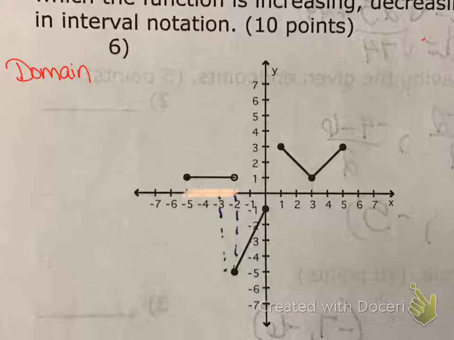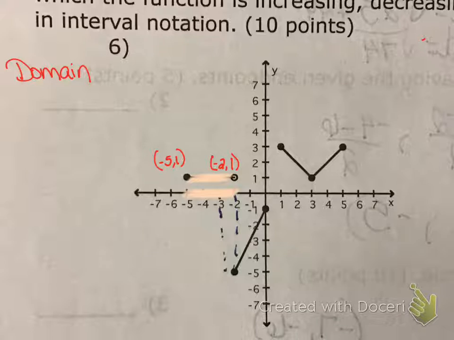If I were to write this point right here, this point is negative 5, positive 1, and this point over here is negative 2, positive 1. So that's the ordered pair of the endpoints, and all of these x values are included in this piecewise function because of this right here.